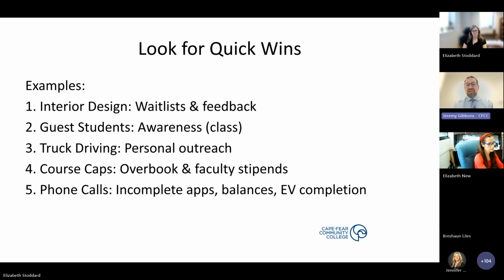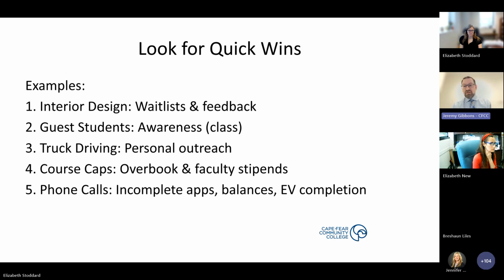And also, when we get to census, we've had discussions recently about, if we are over the cap, rather than turn the student away, can we work to potentially provide that instructor some type of stipend to take on that extra work, but also still be able to serve the student? And what we're finding is that, generally by the time we're at census, we hopefully have a full class, as opposed to maybe a little bit of an under-enrolled class because it had been full, but we didn't overbook. So I'm not sure if other folks are considering this overbooking process, but I'd love to hear what's working well for folks.